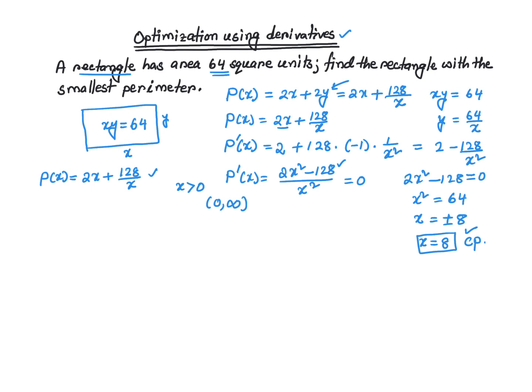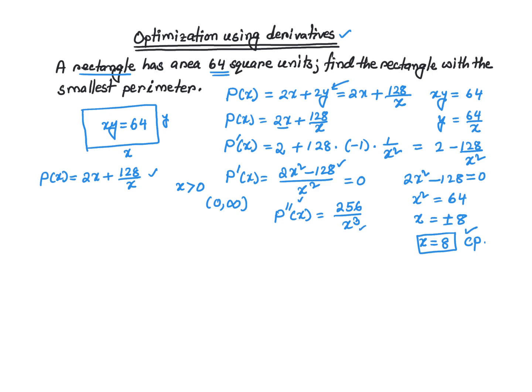To do that, we are going to find the second derivative of this p of x. Okay, so second derivative, you can do a little bit of calculation. You will see that the second derivative is 256 over x cubed. You can double check if I got it right or not. But if we evaluate this second derivative at x is equal to 8, obviously it's going to be positive, right?